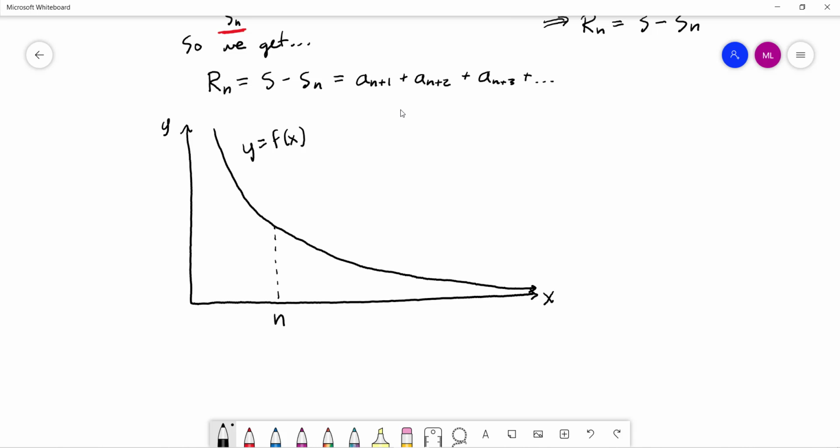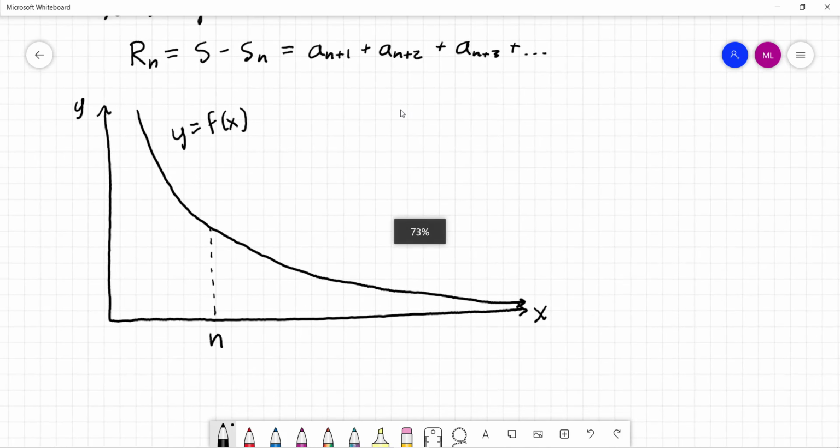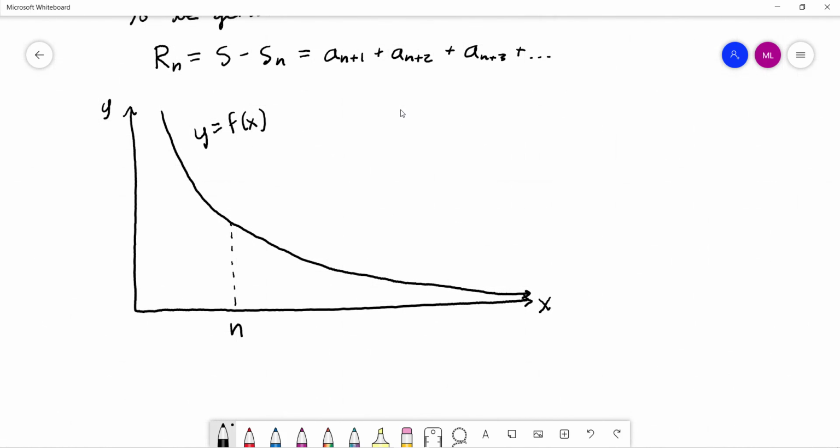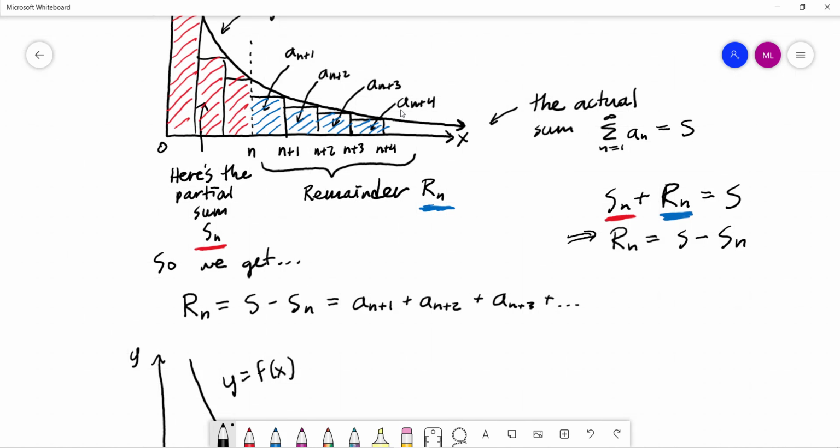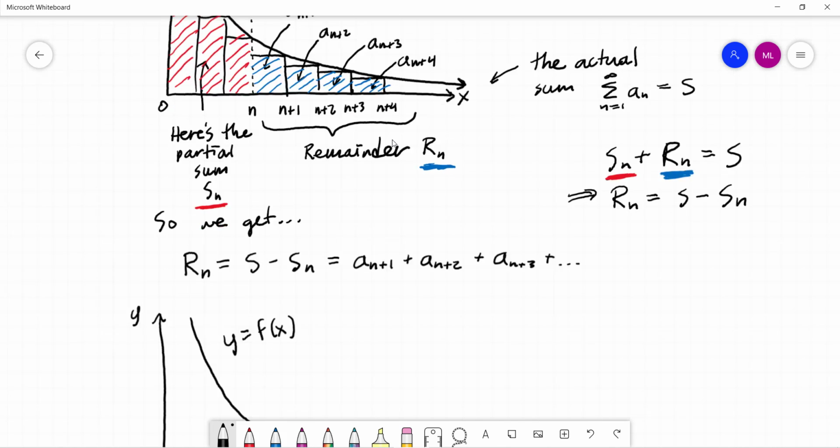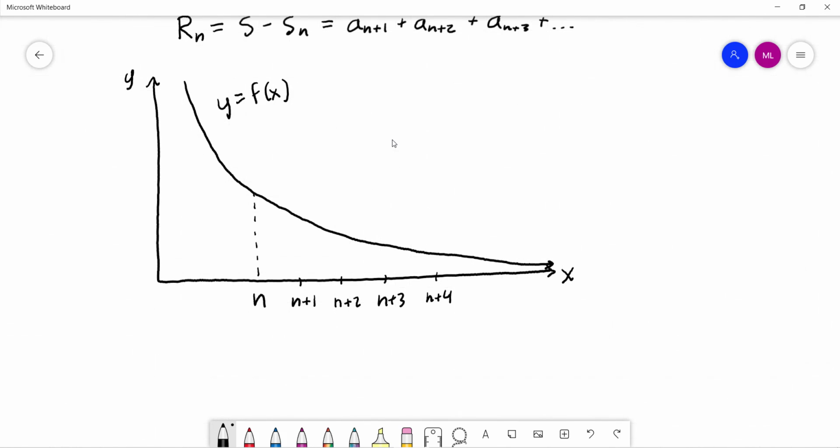What I want to do here is come up with another approximation. So let me plug in some of the adjacent points. Here's going to be n plus 1, n plus 2, n plus 3, n plus 4, and so on. The same points that I've got drawn right here. Got them drawn again over here.